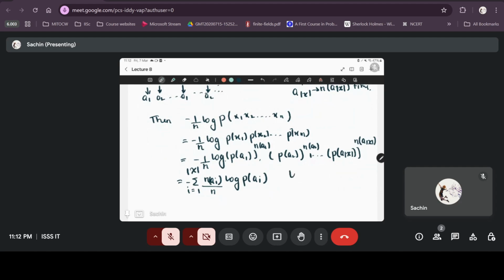So log of p of a1 power n of a1 is n of a1 times log of p of a1. That's all.